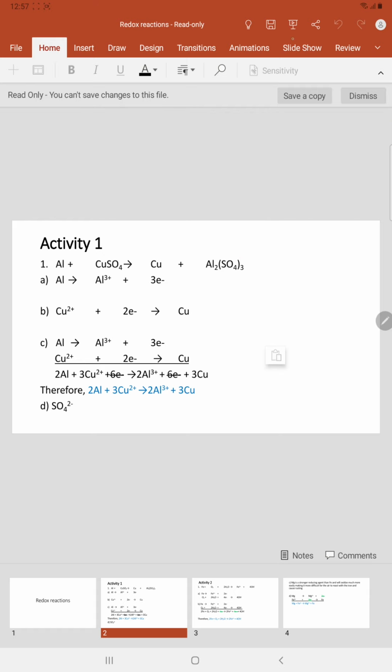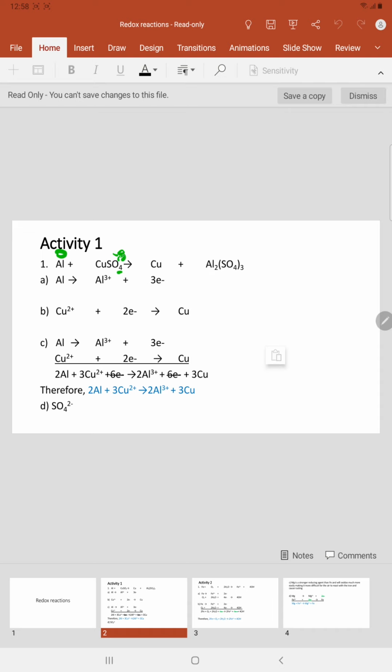Once we have the equation, we need to look at the oxidation numbers. Using your oxidation rules, you will see that aluminium has an oxidation number of 0. For copper sulfate, we know that oxygen is -2, but there are 4 of them, so that's -8.